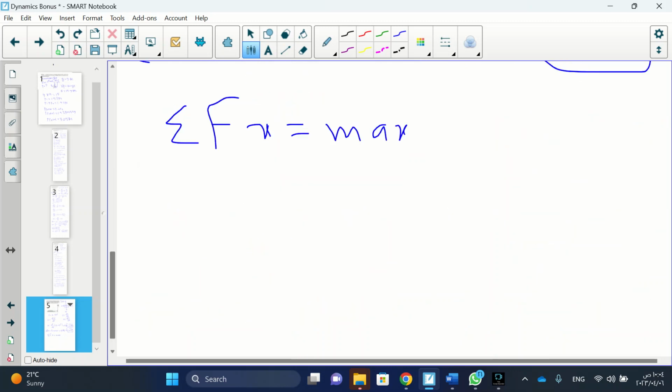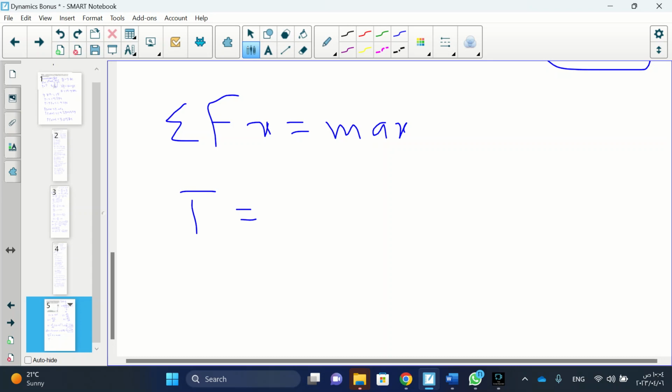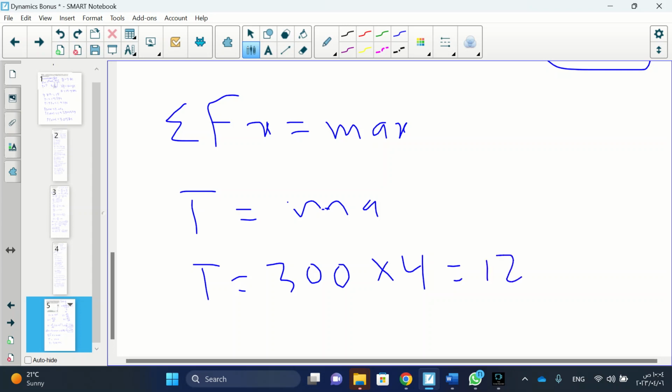Sigma Fx equals max, so T will equal m a. T will equal m, which we have as 300, and a, which we just found as 4. This will give you 1200 Newton.